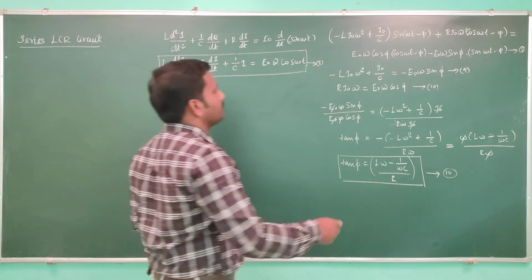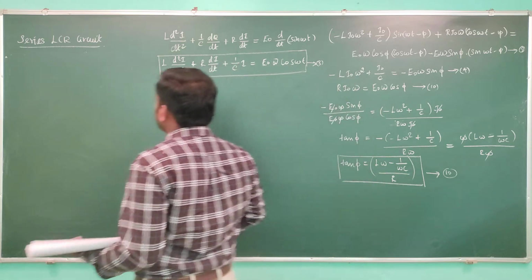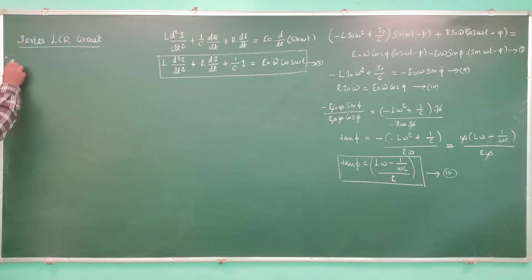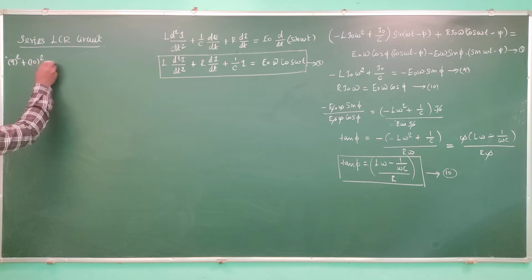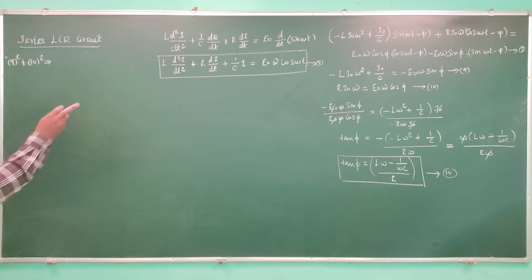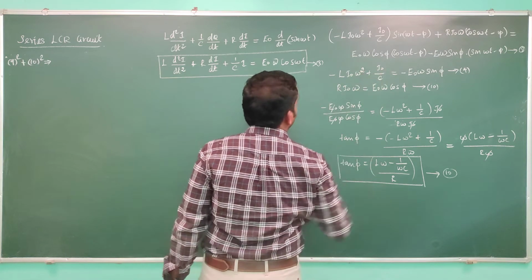Now consider equation 9 and equation 10. Let us square equation 9 and let us square equation 10, then add. That gives the square of equation 9, L I naught omega square plus I naught by C the whole squared, right?